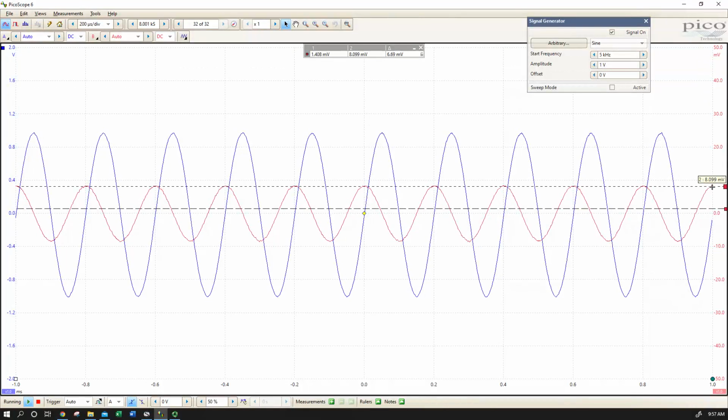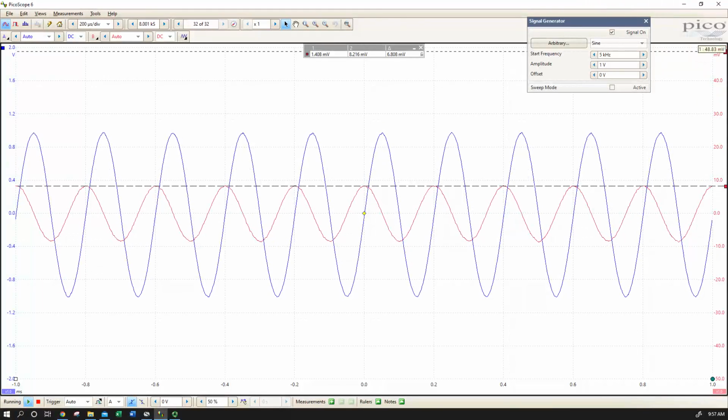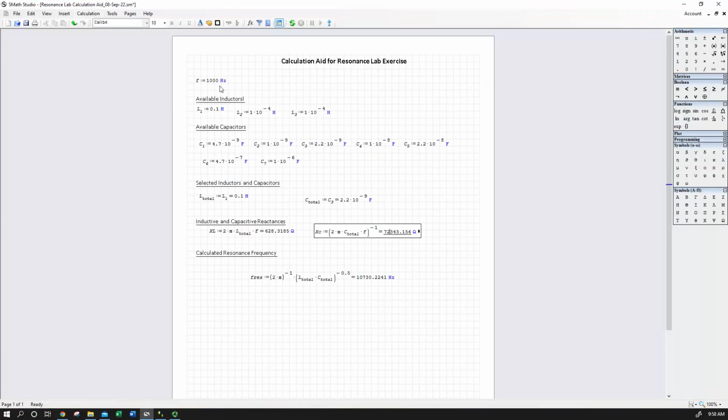So we went from about 1 millivolt voltage drop to about 8. So we increased by 8 times. What we did was get closer to resonance and effectively decreased the total impedance coming through from our capacitor, and probably didn't increase the one from our inductor too terribly much.